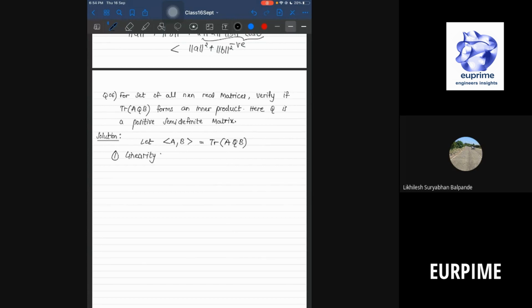That is, (αA + βB) inner product with C. We can write this as trace of (αA + βB)QC, which is equal to trace of αAQC plus βBQC.